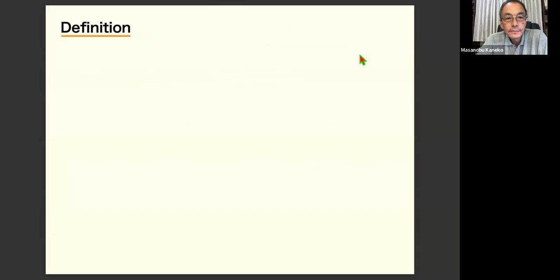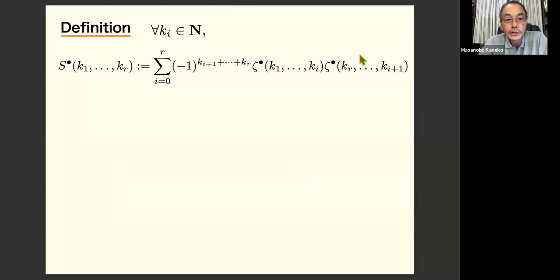So we give a kind of down-to-earth definition of these symmetric MZVs. The k_i are any positive integers, a tuple of positive integers. S with upper bullet, where the bullet represents either star or shuffle.